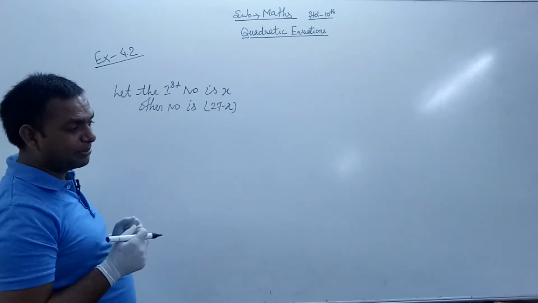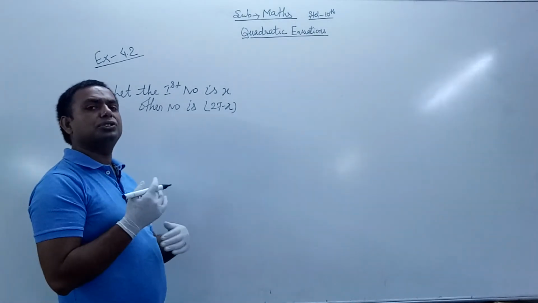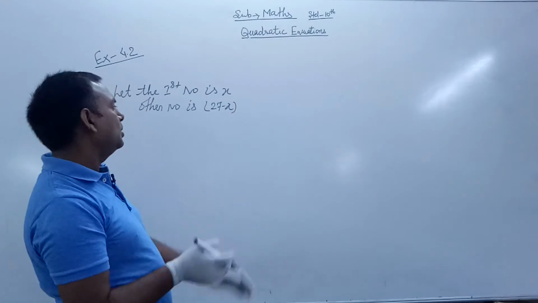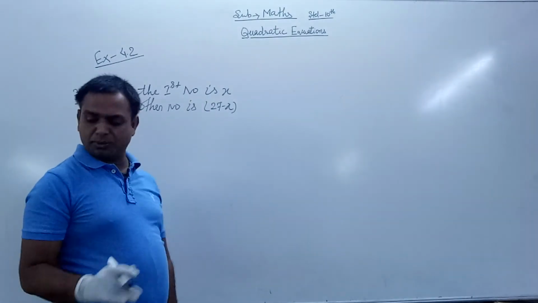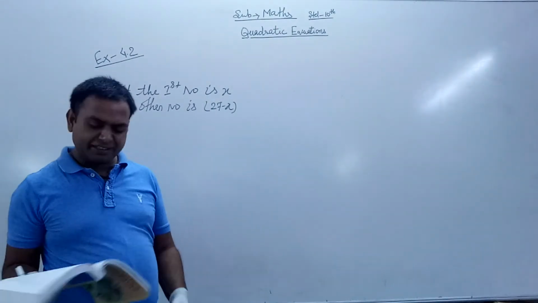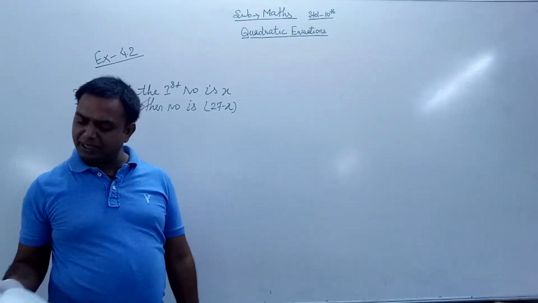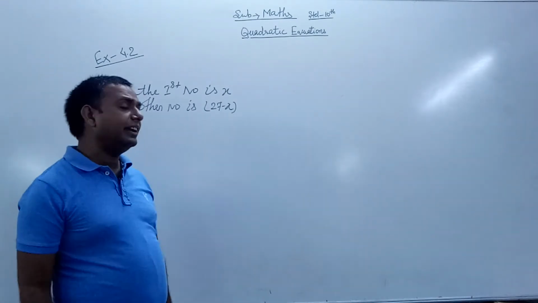Here the condition is given that the product of both numbers is equal to 182.